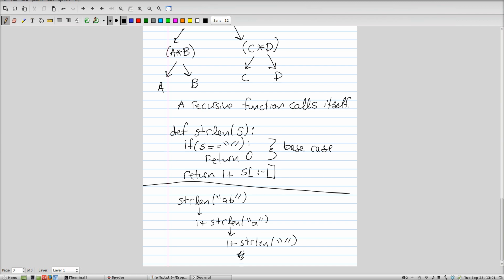So this is an expansion, so this is really 1 plus the result of this, which is 1 plus 0. So the final thing it'll return is 2, which is correct.